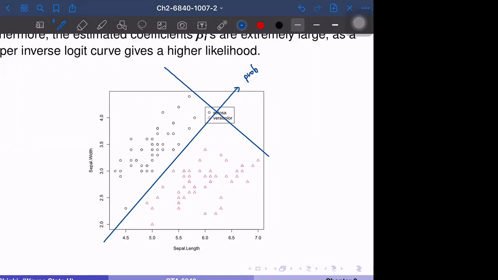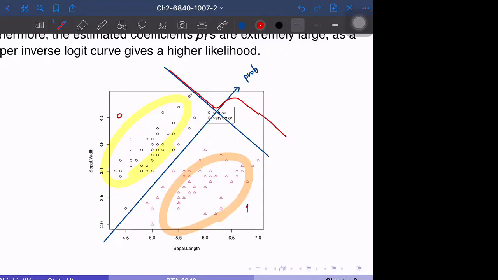But all observations here are 0, and all observations here are 1. So that means the logistic curve should be very steep. If we have a curve such as this, then basically the likelihood is higher.